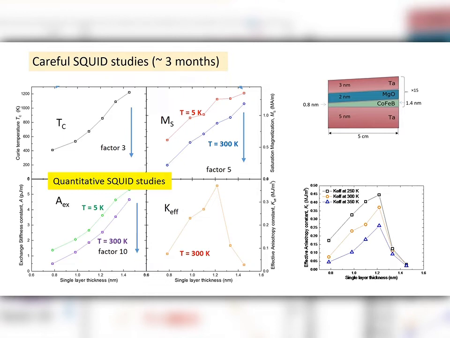The K effective itself, in the energy range around room temperature, is also strongly temperature dependent. So you have to take care what value you take, and you also have to know the temperature of your system during the measurements.